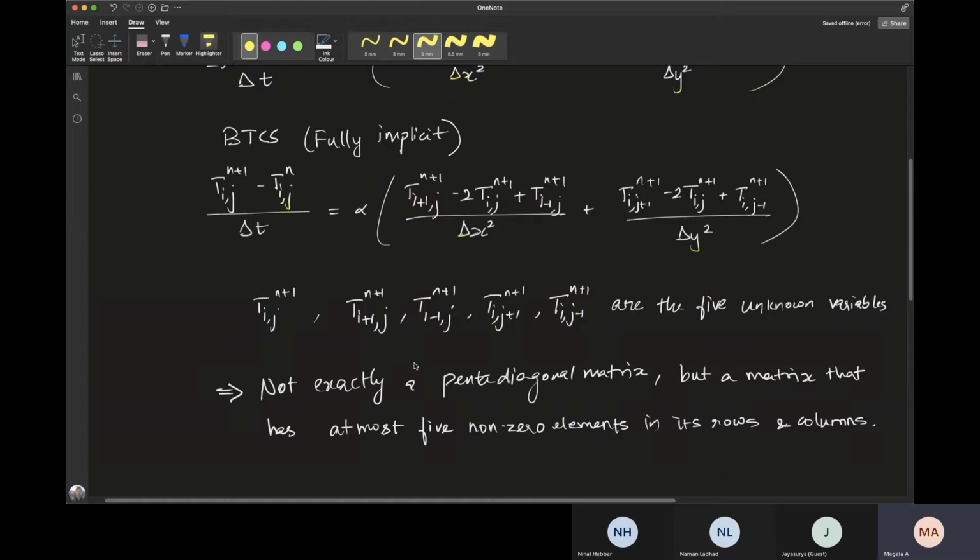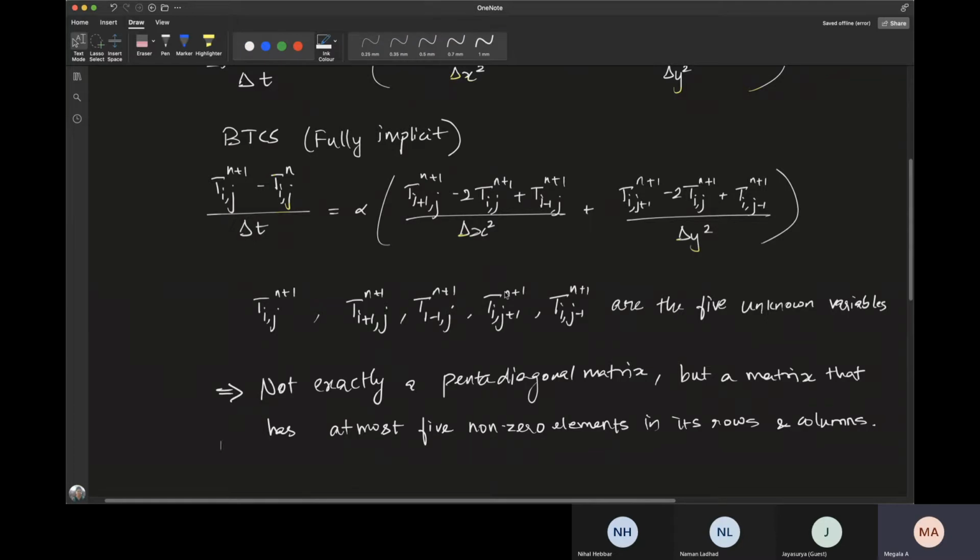When we do such a formulation, since we have 5 unknown variables, any row or column will have at most 5 non-zero elements. In the previous 1D case, we had at most 3 non-zero elements in a row or column.